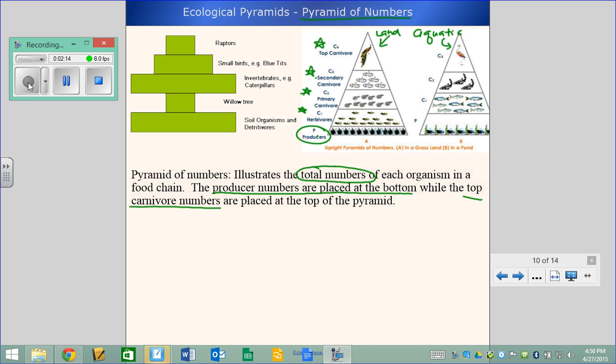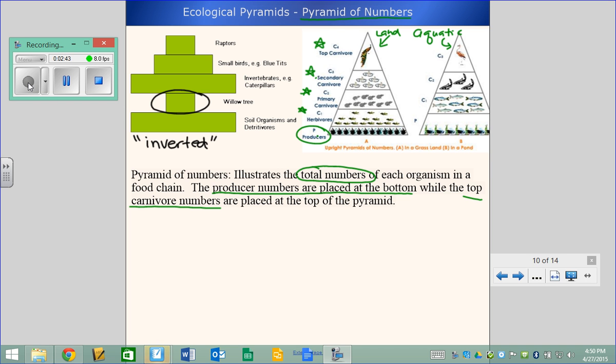Now the picture on the left looks a little different. A, it's flashy green, kind of looks like throw-up green, but B, it has a weird small looking level that doesn't seem to follow the pattern of the rest of the pyramid. Now, even though this is not technically upside down, the term for this type of pyramid is inverted.